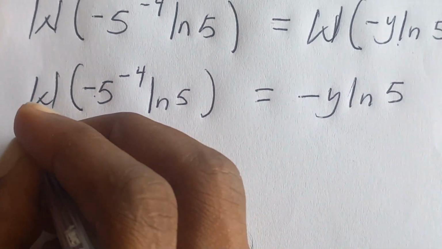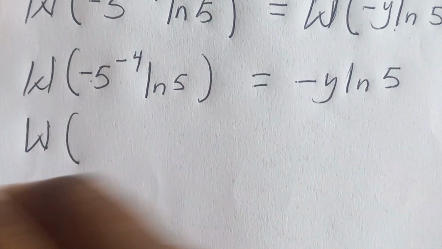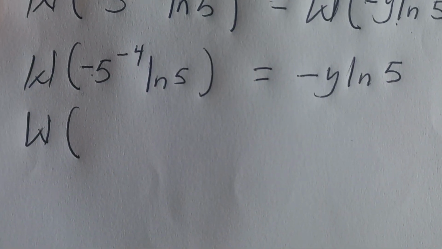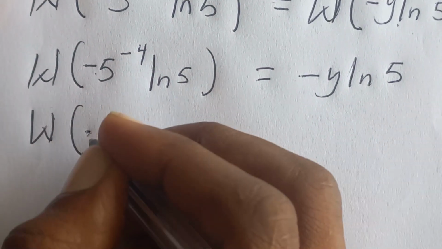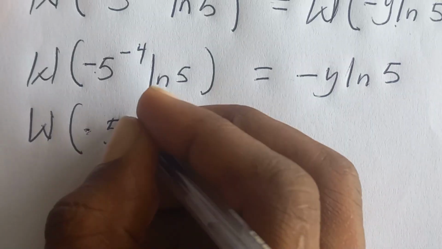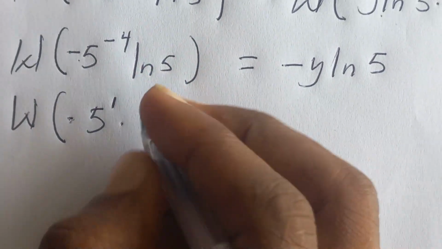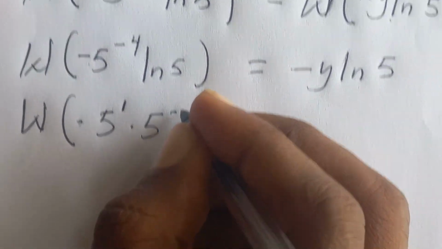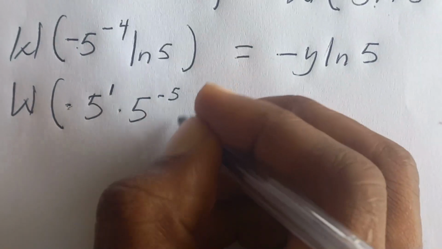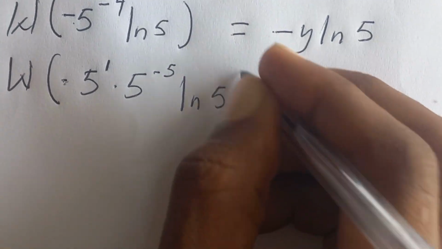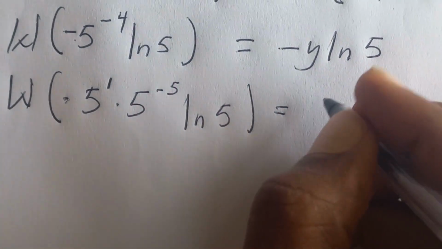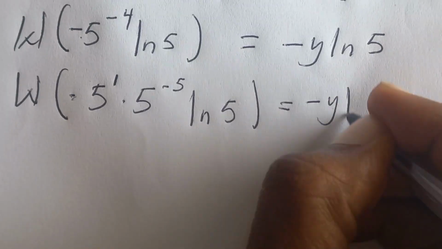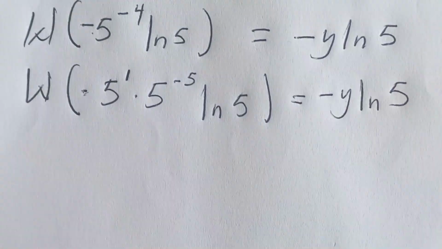So we're going to get W into brackets negative 5 exponent 1 multiplying by 5 exponent negative 5 ln 5, which is equal to negative y ln 5. Like this.